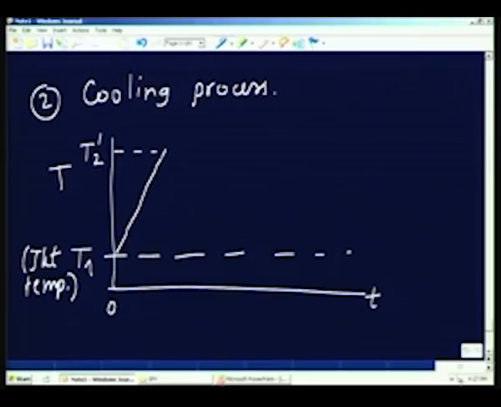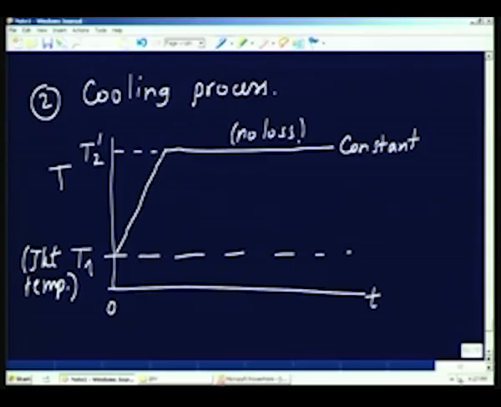And if there are no losses, this temperature will remain fixed at this value. This will be constant. If the losses are 0, we will say no loss case. But what happens in real practice? There will always be some loss.